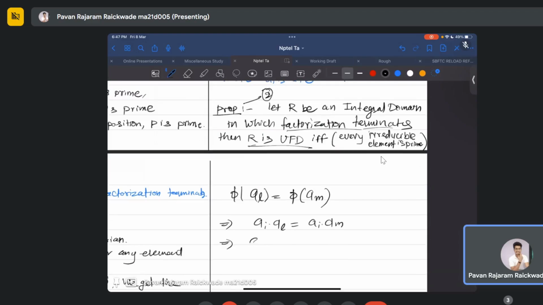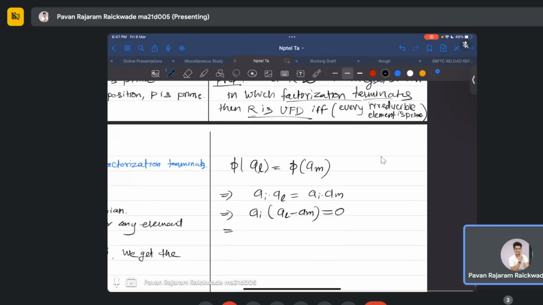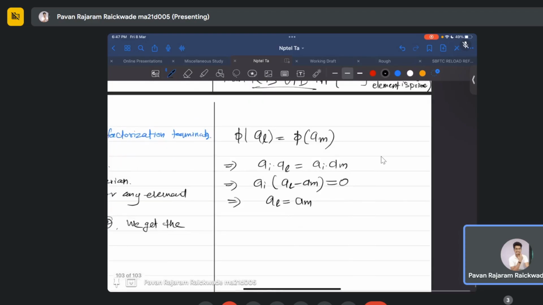But what do you get? You get ai times (al minus am) is 0. Now you are in an integral domain, hence al equals am, but this implies phi is injective.